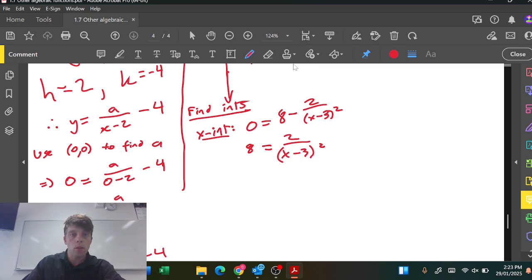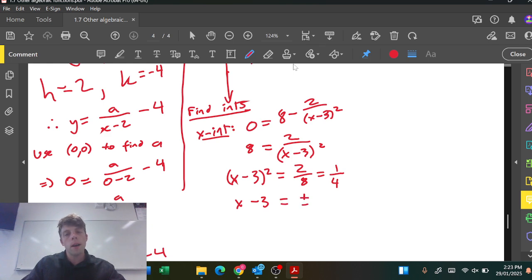So we can swap these two numbers around. If we remember our algebra, we have x minus 3 squared is equal to 2 over 8, which is the same as 1 over 4. And then we can square root both sides to get rid of this square. We have x minus 3 is equal to plus or minus 1 over 2. And then we can plus 3 to both sides.